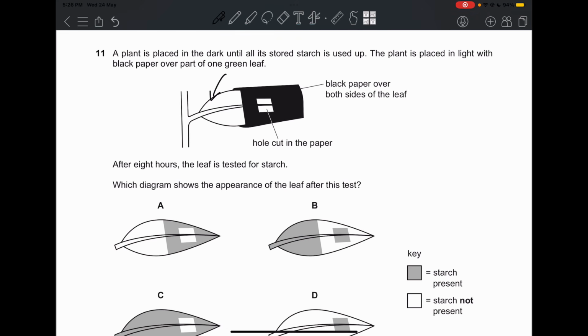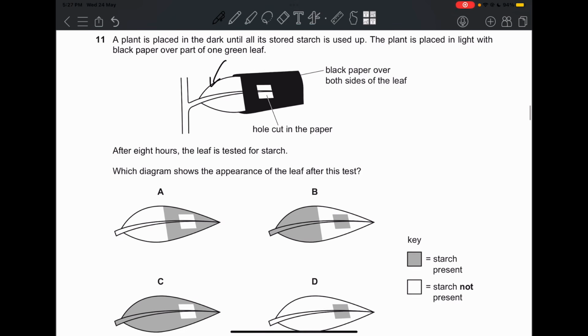11. A plant is placed in the dark until all its stored starch is used up. The plant is placed in light with black paper over one part of the green leaf. After 8 hours, the leaf is tested for starch. Which diagram shows the appearance of the leaf after this test?